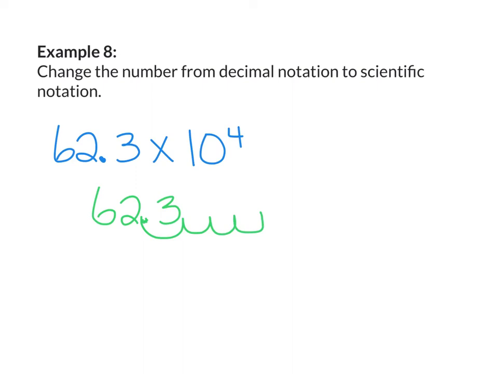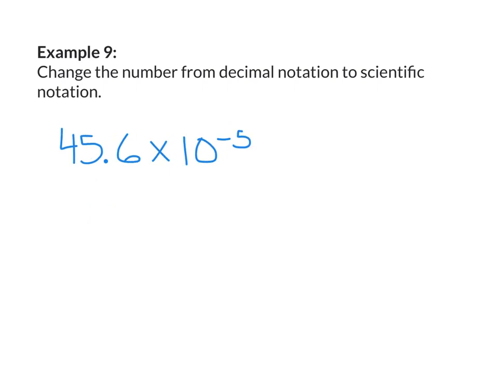Now I'm going to move my decimal because I want it to be here after the first non-zero digit. So I'm going to start at the end and move 1, 2, 3, 4, 5. So that means my answer is 6.23 times 10 to the power of 5.